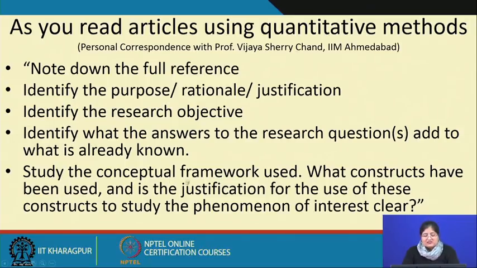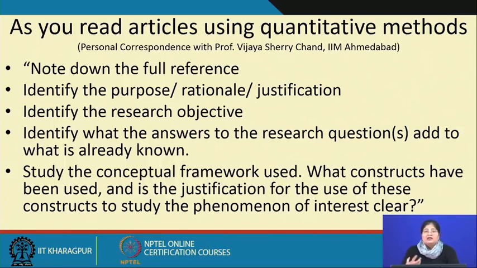Then you study the conceptual framework used. What constructs have been used, and is the justification for the use of these constructs to study the phenomenon of interest clear? So what has been studied? What constructs, what concepts have been used?